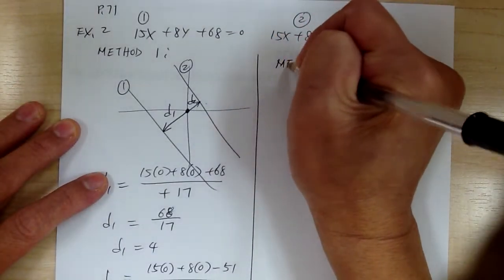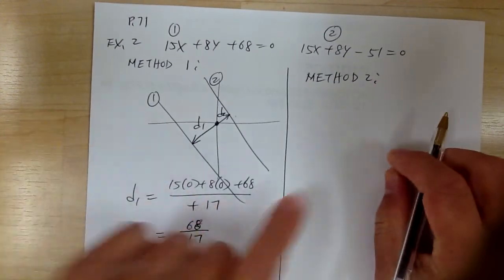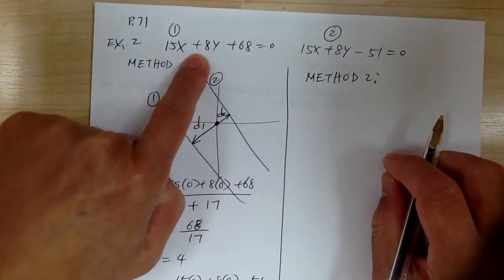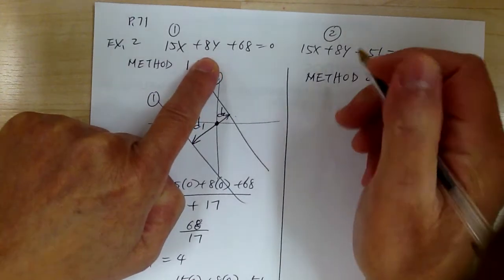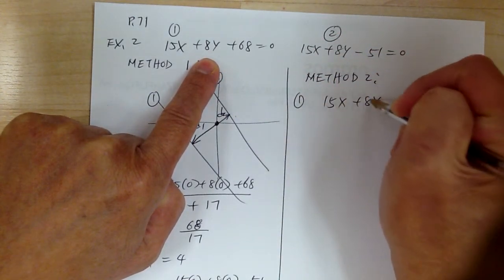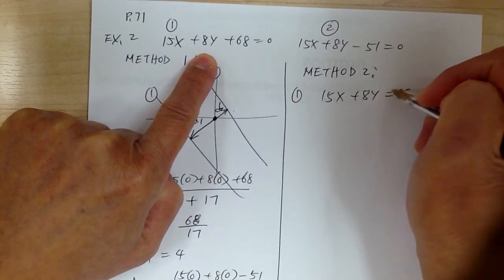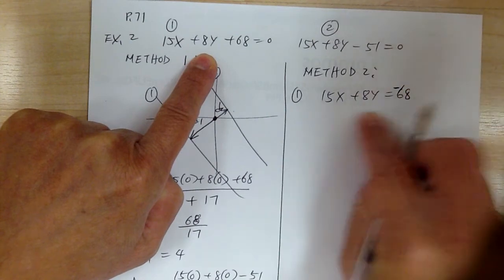The second method is to find a point on one of the lines. The first equation is 15x plus 8y equals 68, or 15x plus 8y minus 68 equals 0, just move it over.